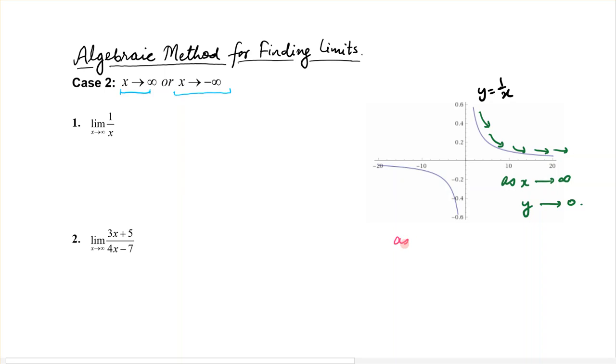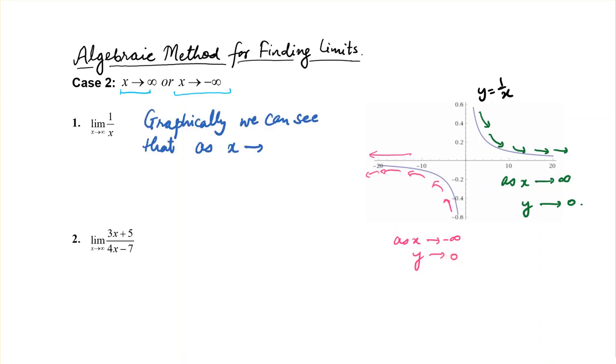As x approaches negative infinity, the y value is approaching 0. Thus, graphically, as x approaches plus or minus infinity, our y is approaching 0.